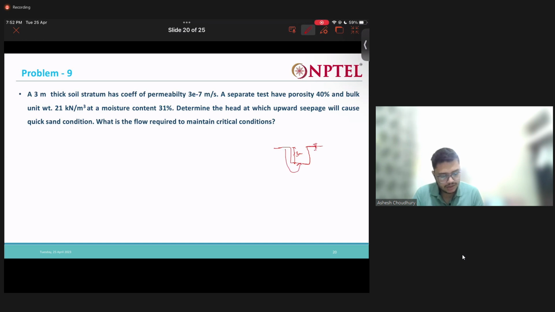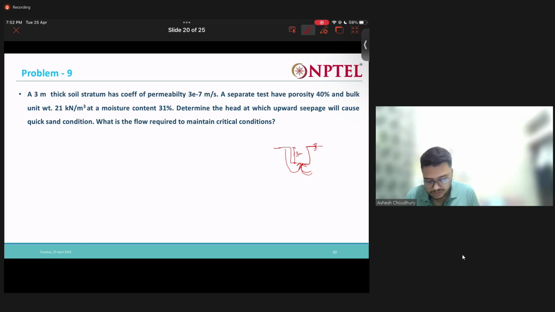So some upward seepage might be there, due to which this water will try to go inside, so that will actually result in a quicksand condition. So we need to determine the head at which seepage will cause the quicksand condition.